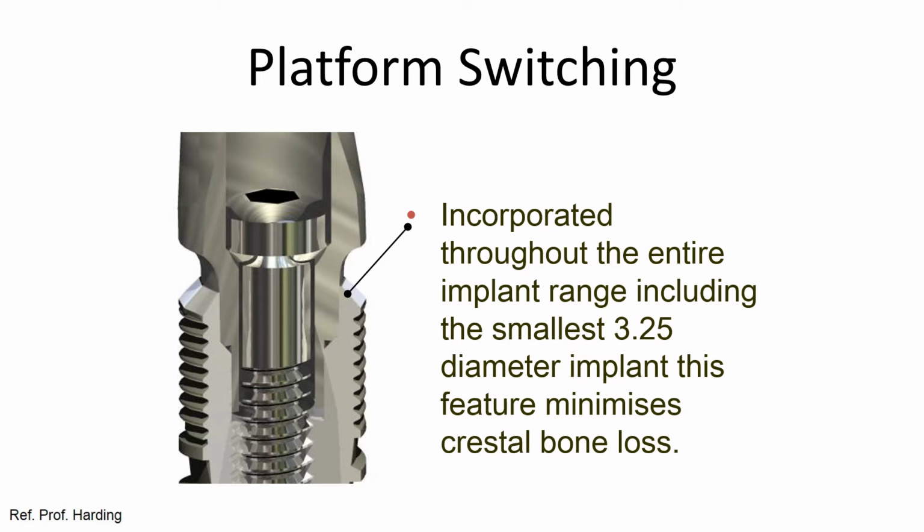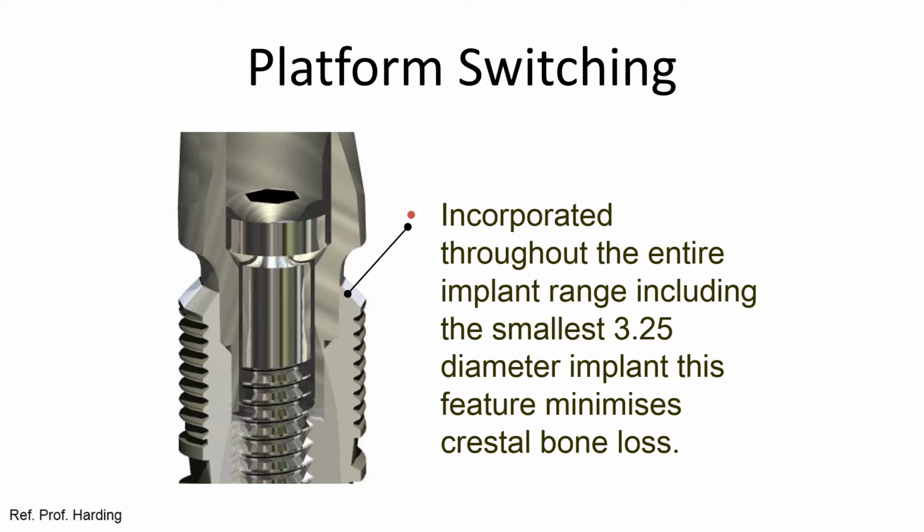Now, all this will be discussed in far greater detail in coming lectures. For the moment, I think it's important to appreciate that platform switching is a mechanical term, which means that the abutment is either narrower or bigger in diameter than the implant. The two are not matching. In older systems, the two used to match, and there was a butt joint between the two.